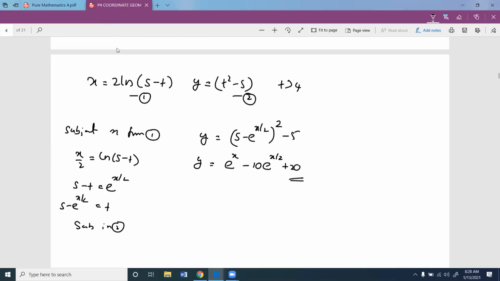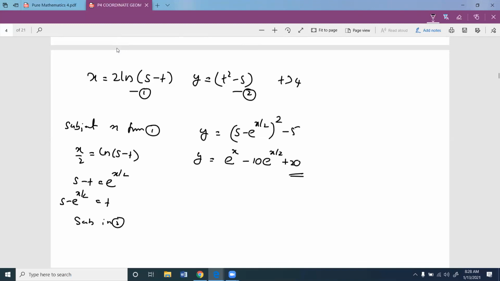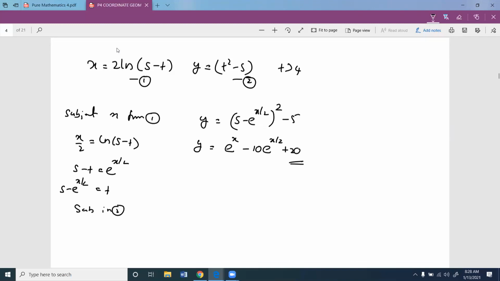Then we need to find the domain for this question. Now we can work out the domain in this format. We can put some x values and see what the behavior of the function is. So if I put x starting from 4, we can put 4, 5, 6, 7, and so on.